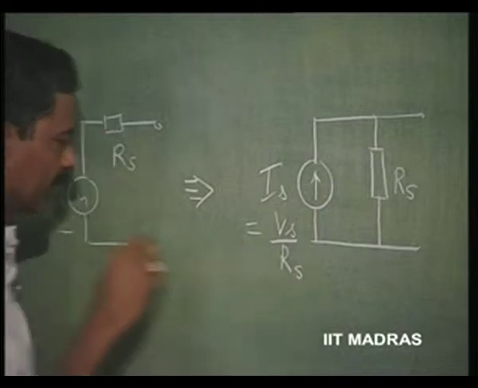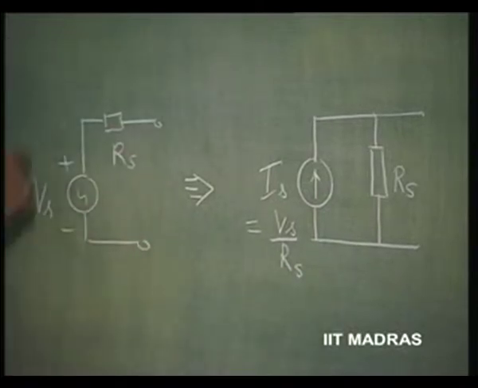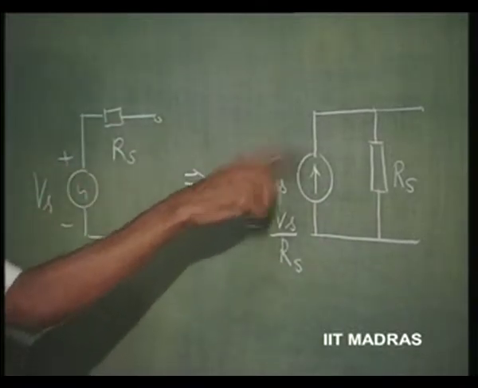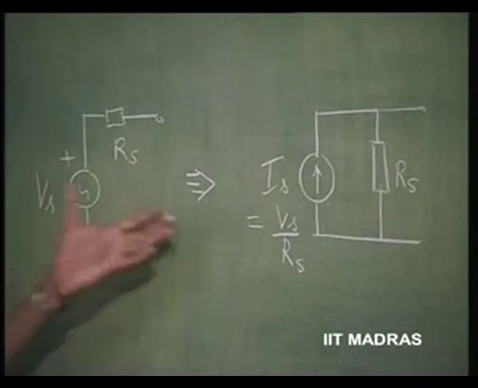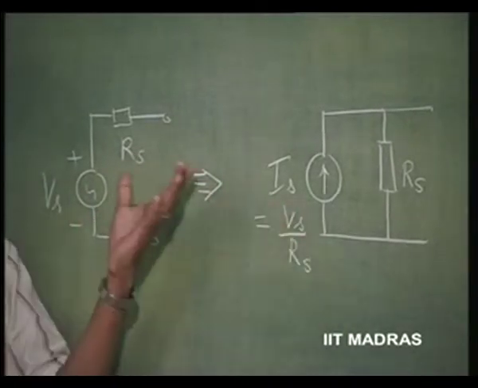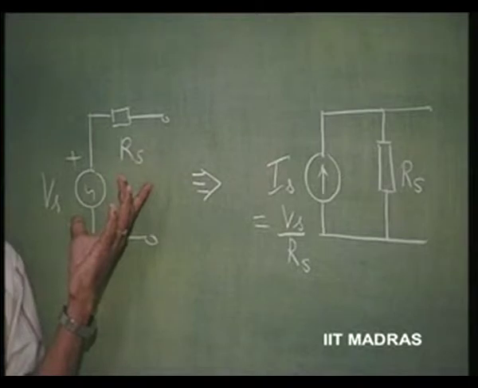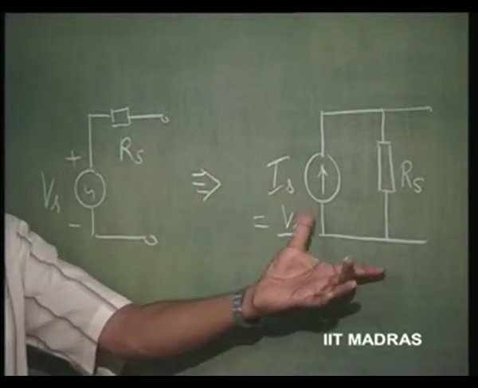When this is shorted, the short circuit current is Vs by Rs. So that is the value of Is. These are exactly equivalent. This is Thevenin's equivalent for a source, this is what is called Norton's equivalent for a source.